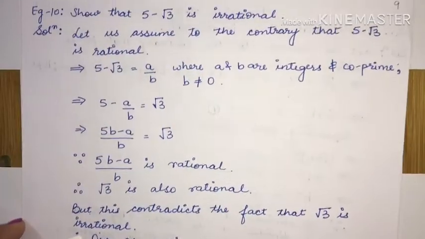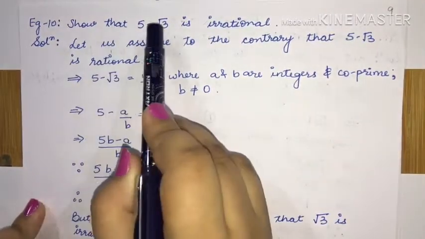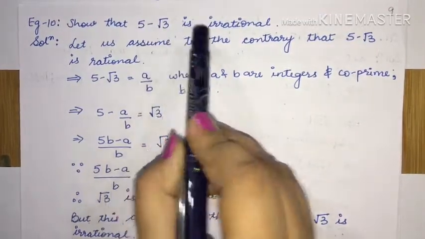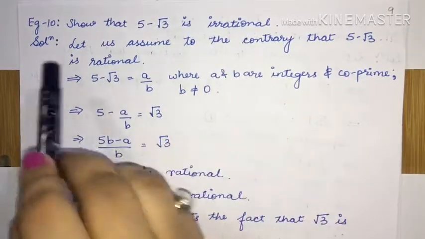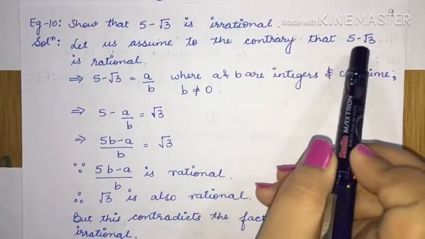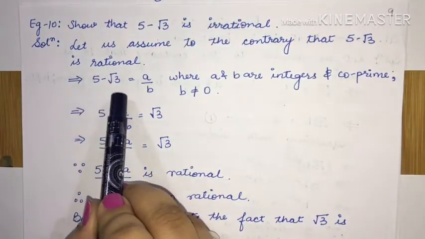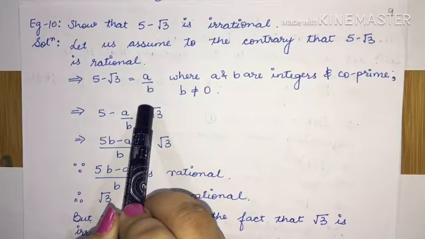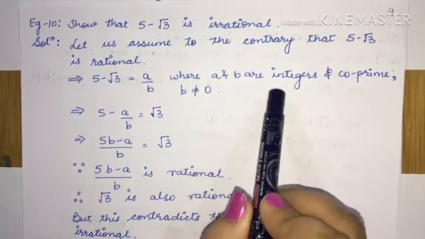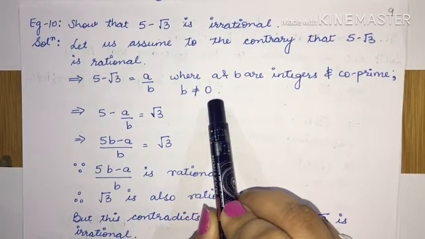The next example, which is Example 10, says: show that 5 minus root 3 is irrational. The solution is: let us assume to the contrary that 5 minus root 3 is rational, which implies 5 minus root 3 is equal to a upon b, where a and b are integers and co-prime, and b cannot be equal to 0.